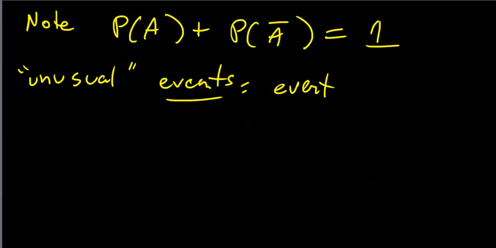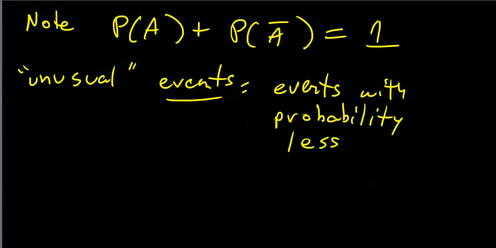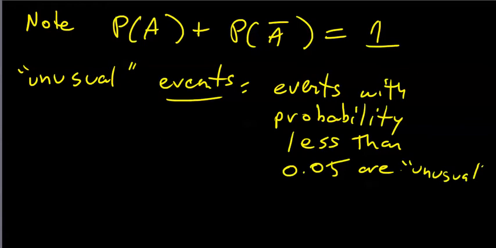Let me write down what the book claims. Events with probability less than 0.05 are labeled unusual. Okay? Alright, so at least for now, we'll say less than 0.05 probability is unusual.